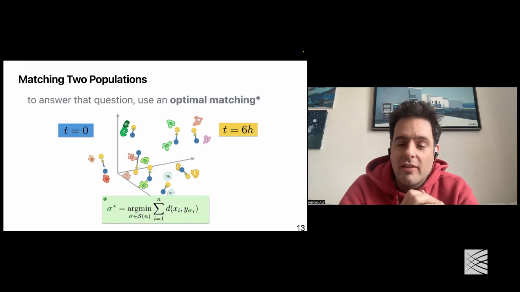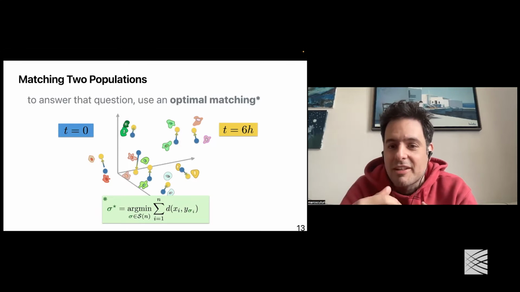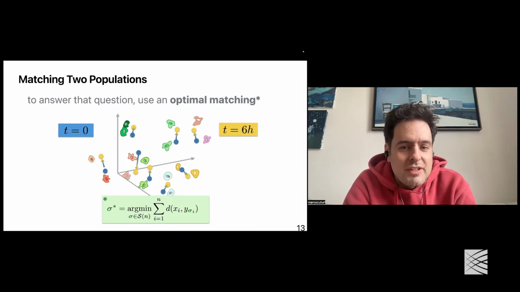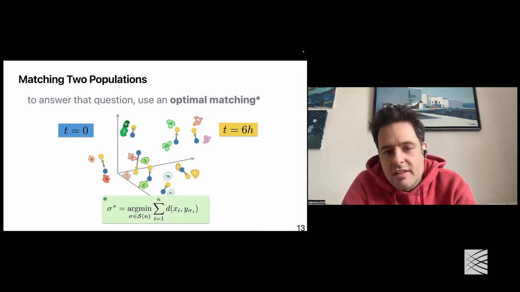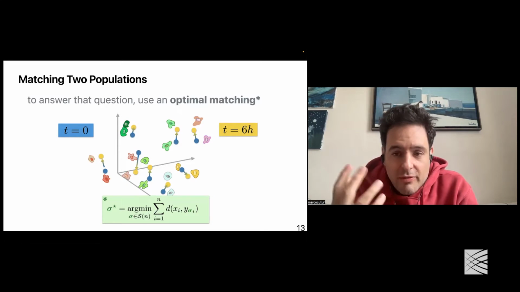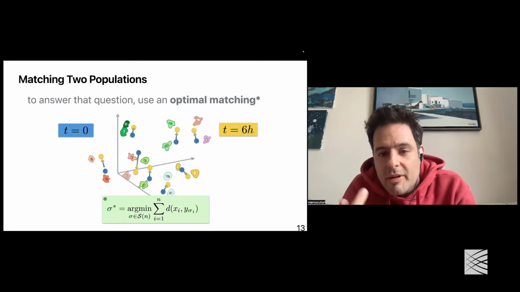So in a way, if the notion of distance you define in the first place is rubbish, then the optimal transport is going to build on top of it and make something even worse. So as you will see in some of the applications of this to biology and other fields, it's always crucial to be careful about how you set those distances. So that's one first thing to keep in mind.